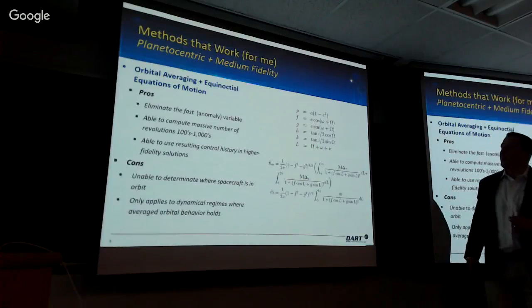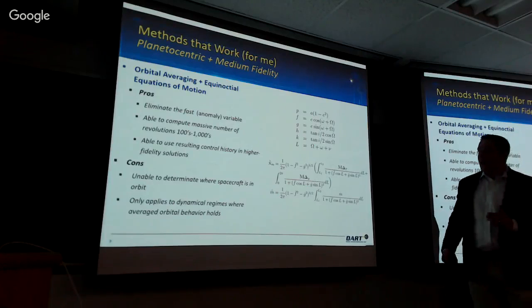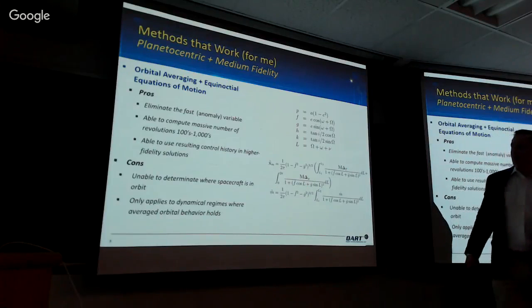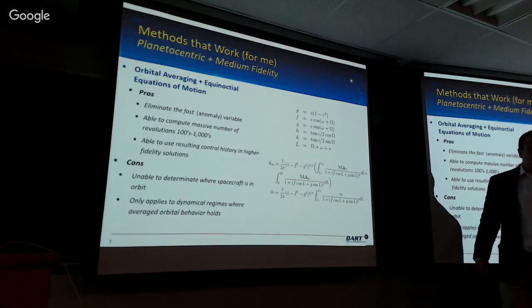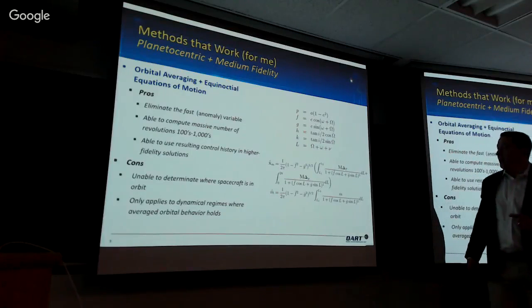So I came up with a couple of slides that I called just methods that work for me, because I've tried a lot of different methods, and I'm just telling you the ones that I prefer that seem to have a really nice payoff for challenging problems. Let's talk about the planetocentric problem where you have these spiral trajectories.